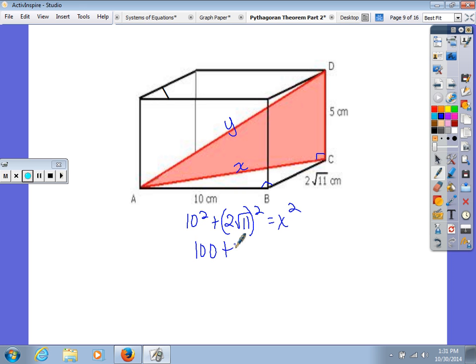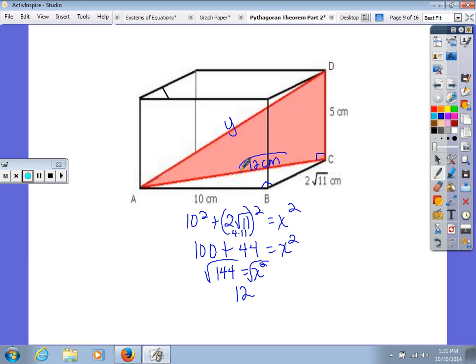So 100 plus, and we square this number 4 times. Remember, this cancels, so that was 11. So we said that would be 44 in class. Equals x squared. 100 plus 44 is 144. And the square root of 144 is exactly 12. So that means this guy is no longer x, but I'm actually going to say he is 12 centimeters long.